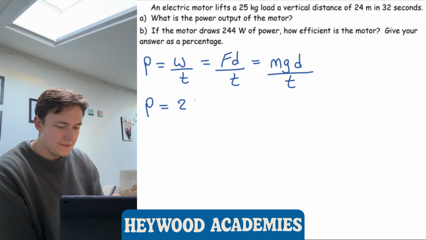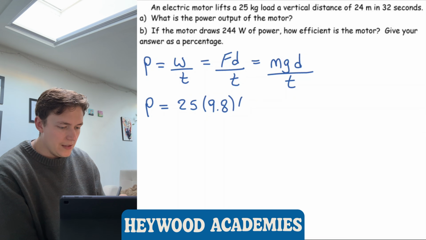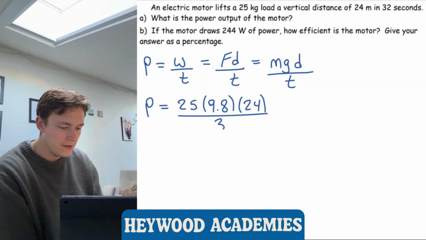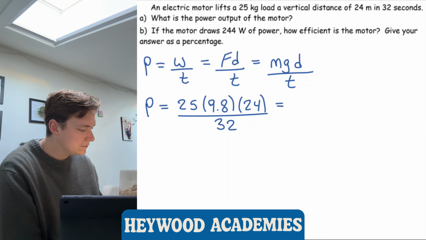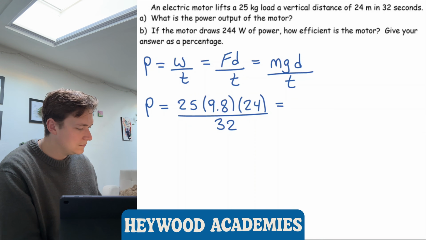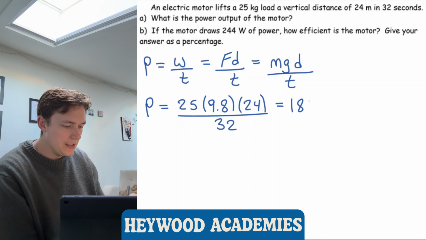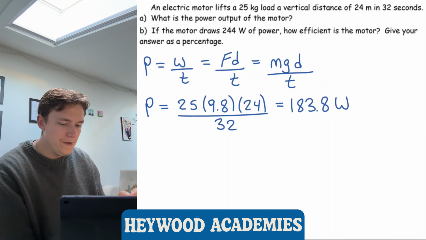So we got the mass of 25 kilograms, g is our constant, 9.8, distance is 24 meters, and the time was 32 seconds. That gives us 183.8, let's say, watts for the motor.